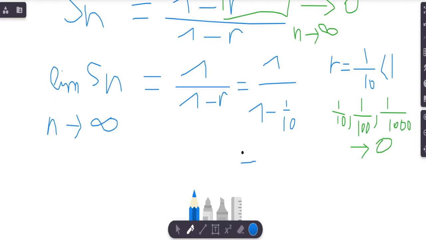The denominator can be rewritten as, so 1 is 10 divided by 10, so we can rewrite the denominator as 10 minus 1 divided by 10, which is 9 over 10. So the sum is 10 divided by 9.